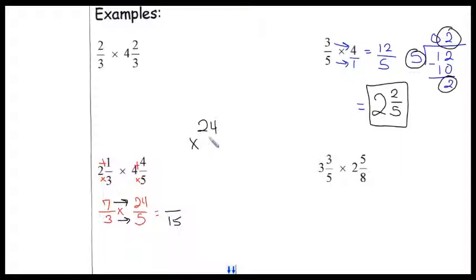Over here on the side. 7 times 4 is 28, carry the 2. 7 times 2 is 14, plus the 2 that I carried, 168.